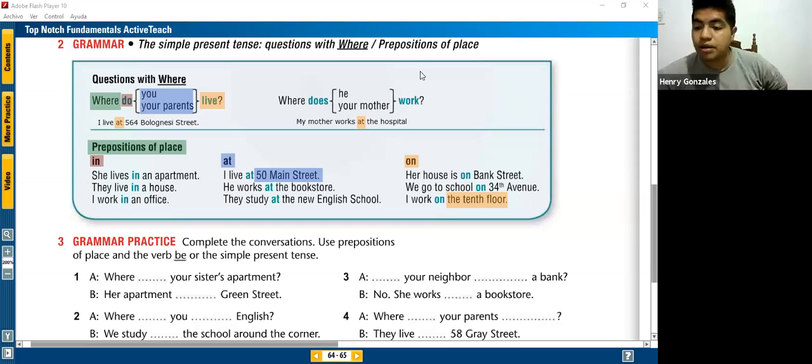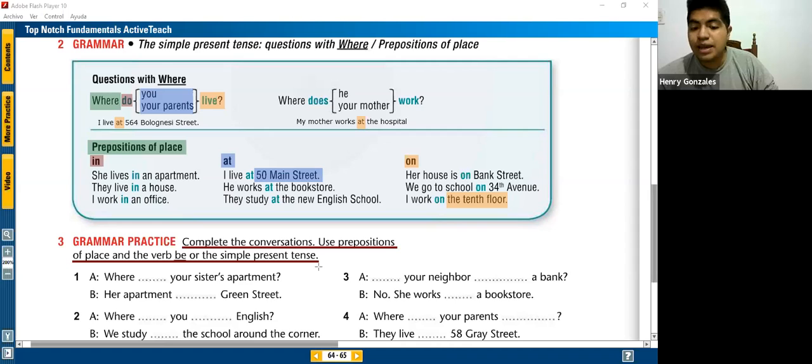And as you can see here, students, we have some sentences, right? Tenemos aquí algunas oraciones. So look at this, students. The grammar practice. Complete the conversations and use prepositions of place and the verb be or the simple present tense.